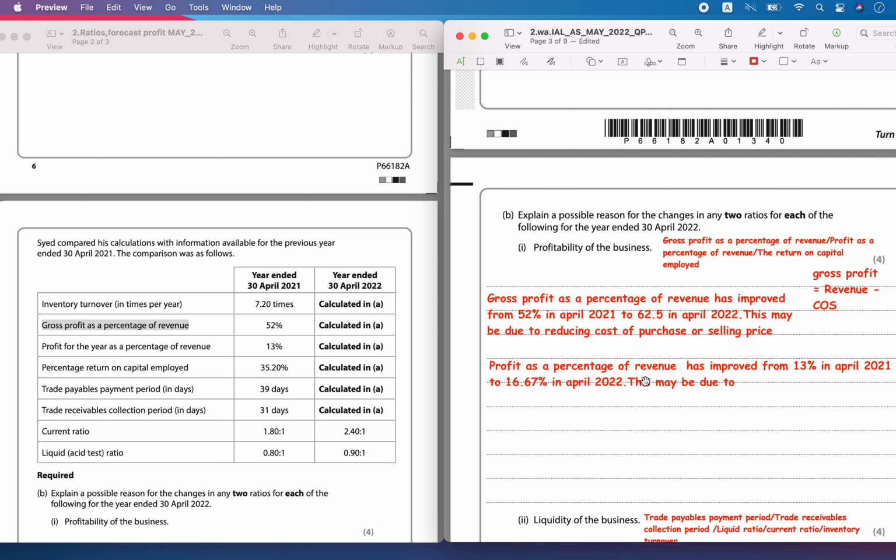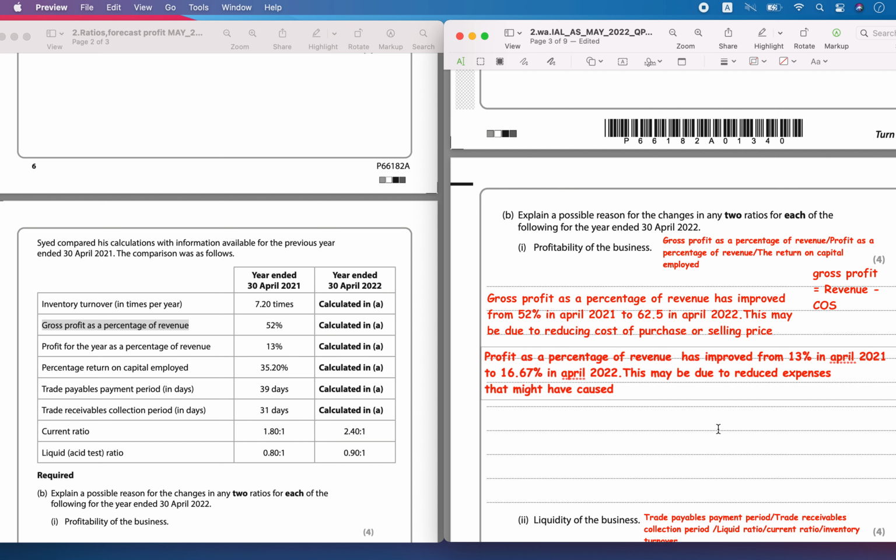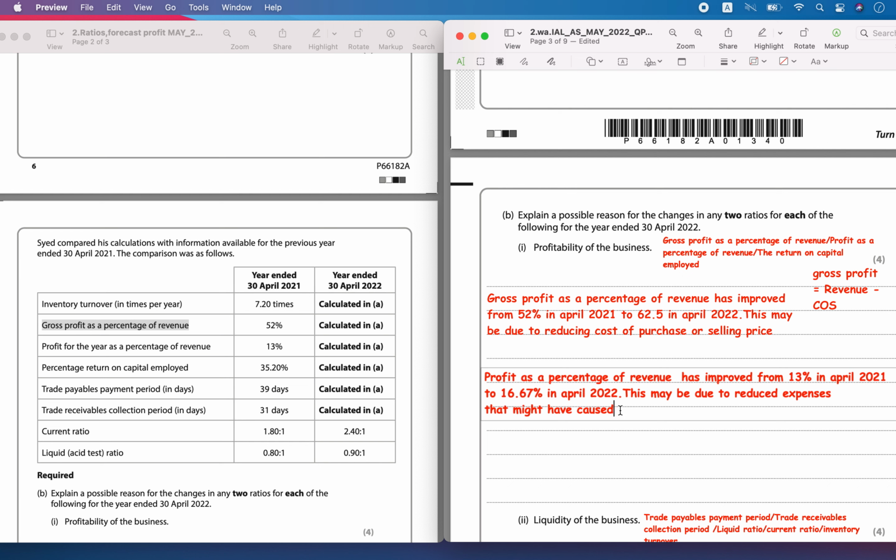Expenses, because in the net profit, you know that gross profit minus expenses would have resulted. So this may be due to reduced expenses that might have cost it.